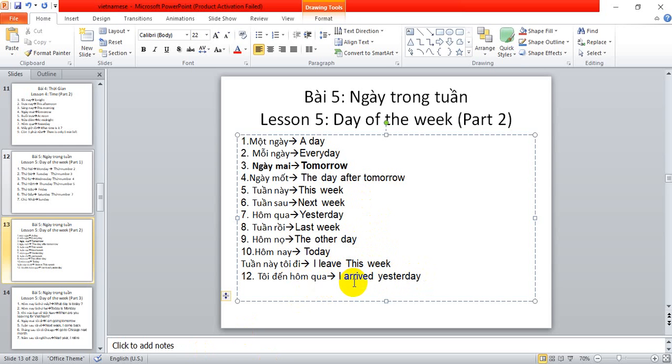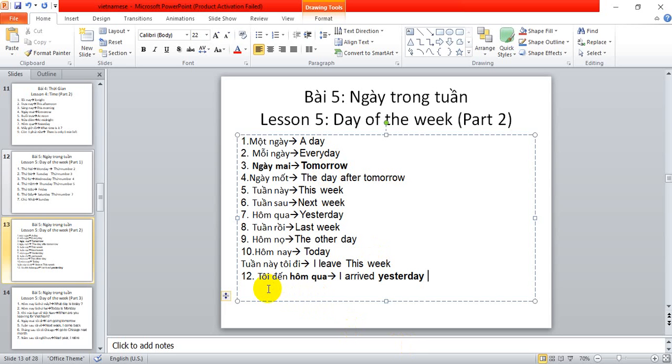For example, I arrived yesterday: tôi đến hôm qua. Hôm qua means yesterday. Or tôi đến tuần này. Usually in Vietnamese we speak the day first, plus the subject and the verb.